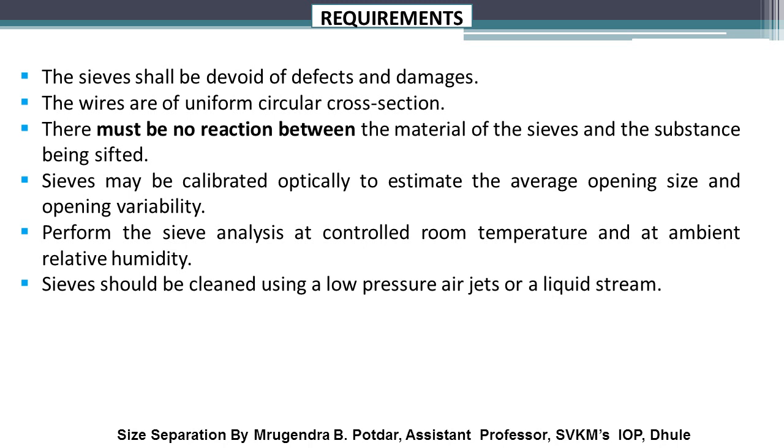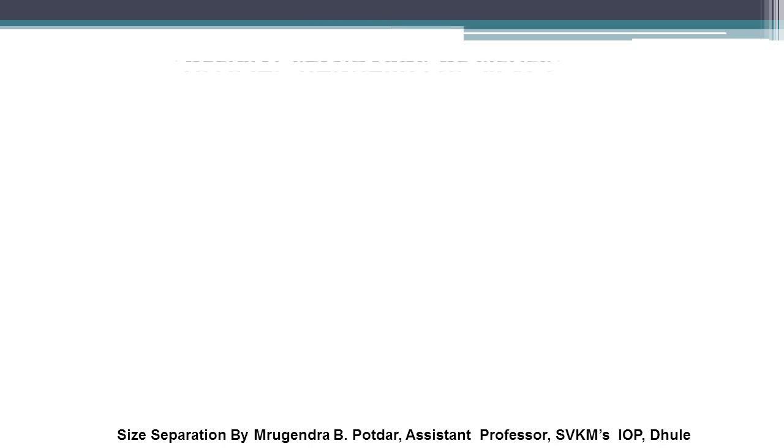Sieves may be calibrated optically to estimate the average opening size and opening variability. Perform the sieve analysis at controlled room temperature and at ambient relative humidity. Sieves should be cleaned using a low pressure air jet or a liquid stream.